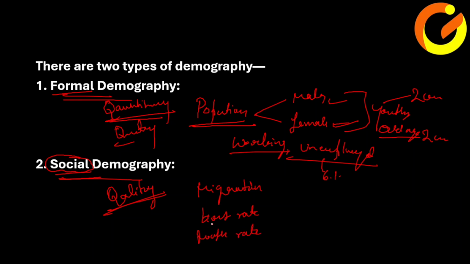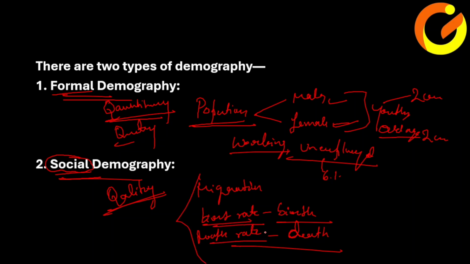The birth rate and the death rate both depend upon the quality of life they are living in a particular society. If we collect qualitative data like birth rate, death rate, and the migration of people from one place to another, all these data we can call social demography. Collecting qualitative data is social demography. Collecting quantitative data is formal demography, right?